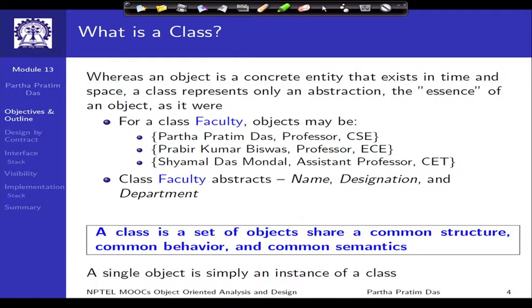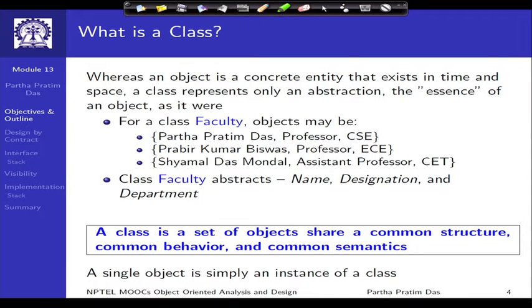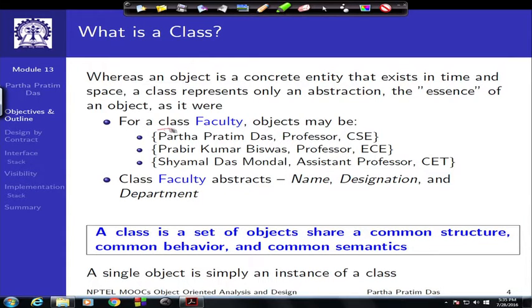Whereas a class, which is closely related to objects, is somewhat of an abstract concept, which tries to capture the essence of a set of objects which have strong similarity, strong commonality in terms of their structure, behavior and semantics. For example, if we consider a class faculty, then we can have 3 different objects, 3 different names of professors, their designation and the department that they are associated with.